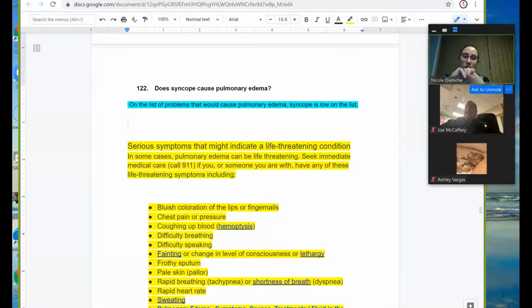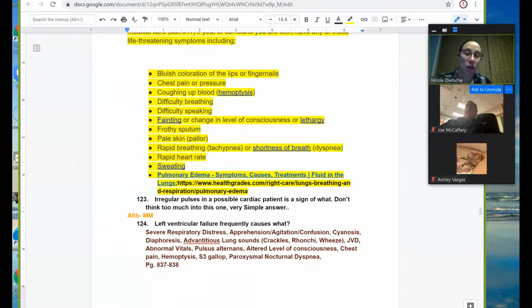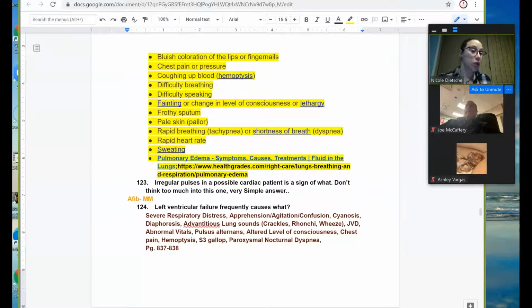That's not the correlation, I guess, is what I'm trying to say. There are other things that would be more correct, that create pulmonary edema, like aspiration or smoke inhalation, high altitude sickness, stuff like that. So just keep that in mind.